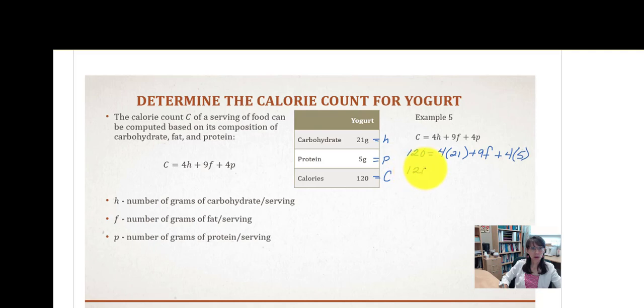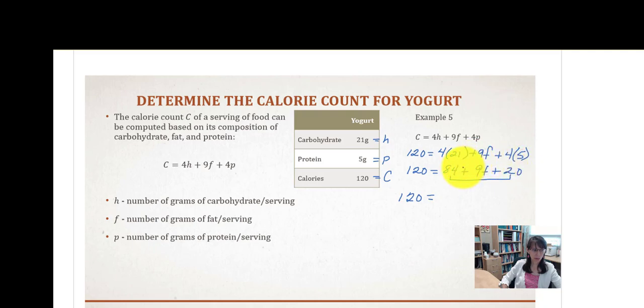So 120 now equals 84 plus 9F plus 20. So we actually do have some like terms to combine this time on the right-hand side of the equation. 120 would equal 84 plus 20.